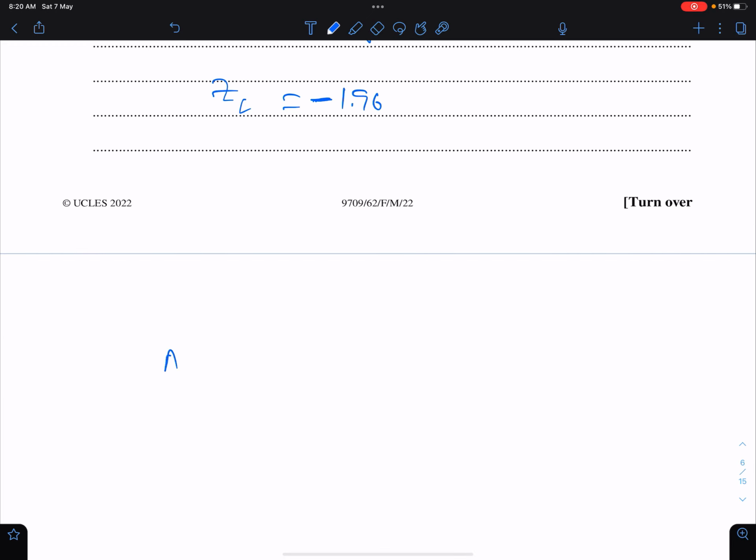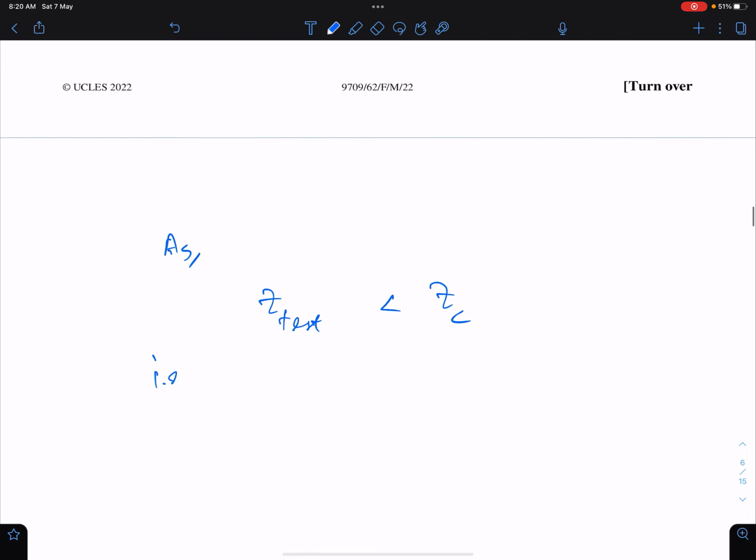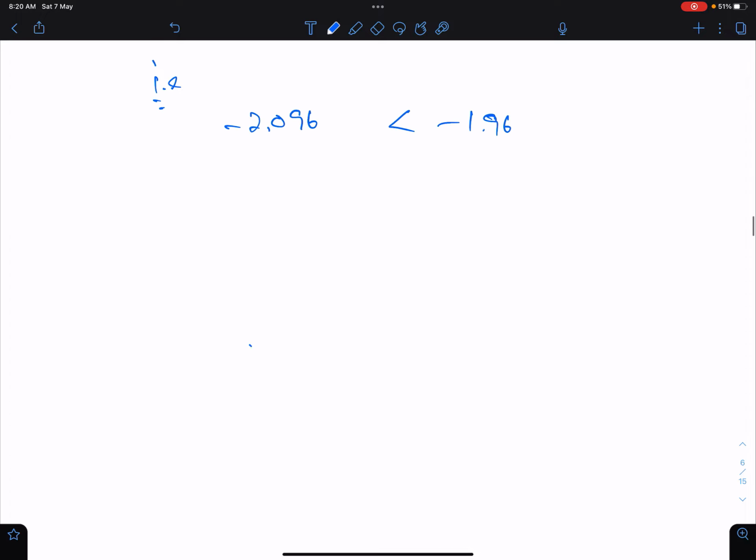As Z test is less than Z critical, that is minus 2.096 is less than minus 1.96. You can understand this here. This is minus 1.96 and minus 2.096 is here.